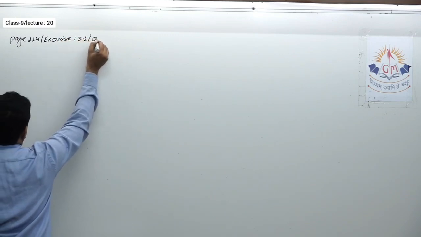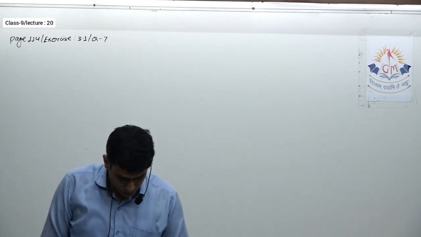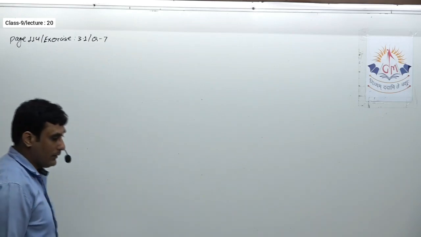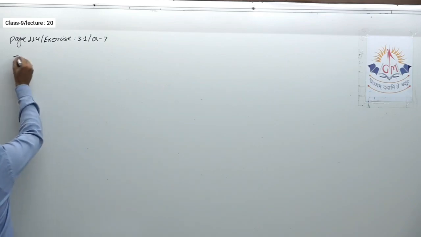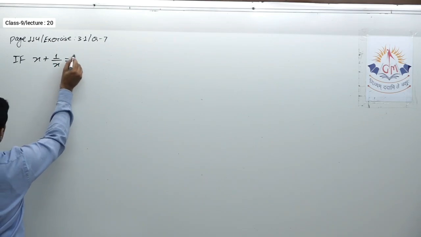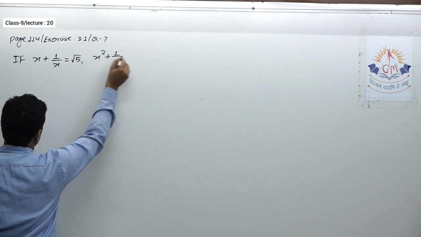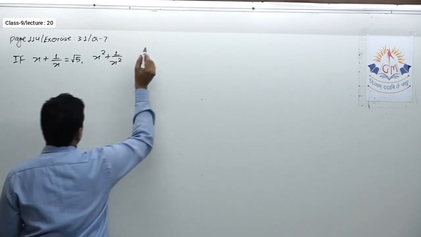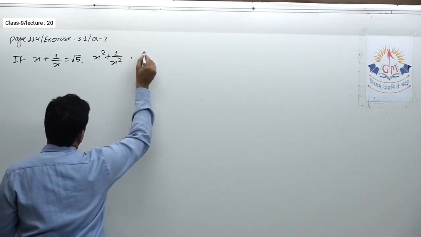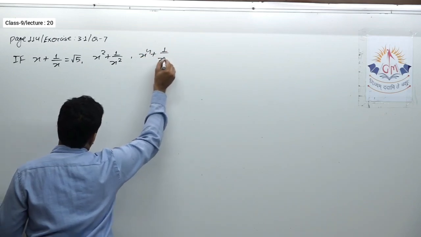Question number 7 says, if x plus 1 upon x equal to root 5, then find the value of x square plus 1 upon x square and the value of x raised to 4 plus 1 upon x raised to 4.